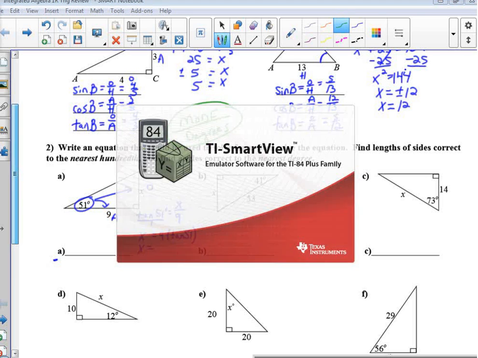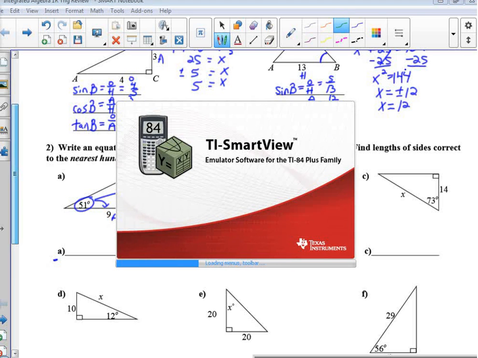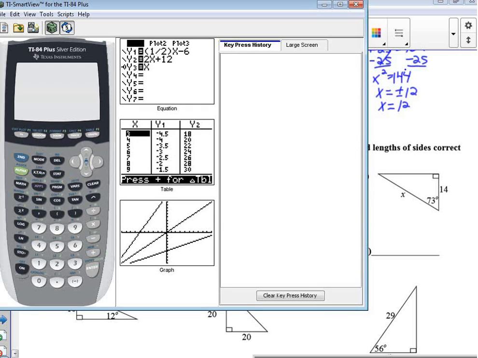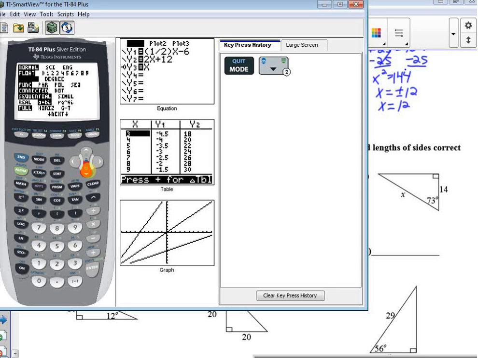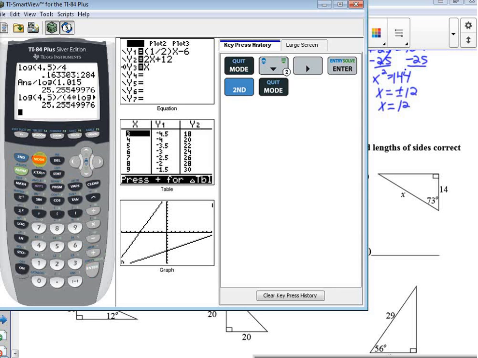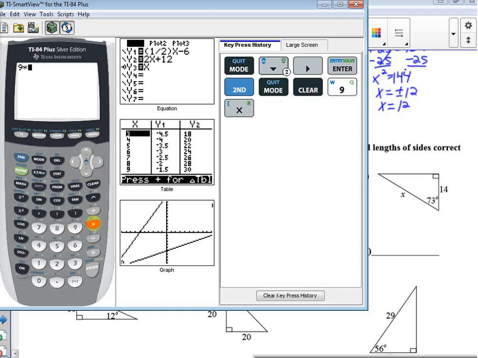So when I go to my calculator, I am going to be typing mode, and I'm in radians, so I'm going to change that to degrees. Second mode to quit. Might as well clear that. I'm going to do 9 times tan 51.